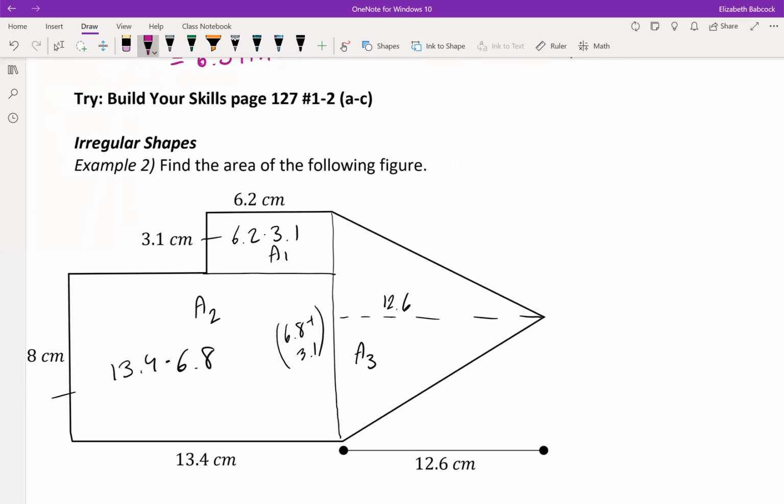So we can do A1, the formula is base times height, or length times width, same thing. So we have 6.2 centimeters times 3.1 centimeters, and we get an answer of 19.22 centimeters squared.